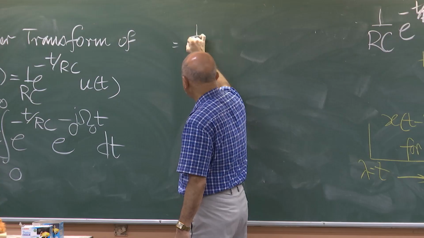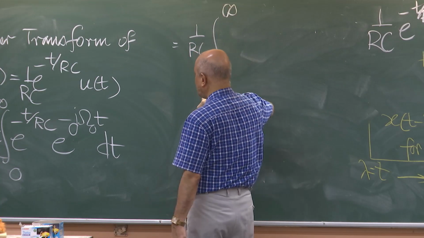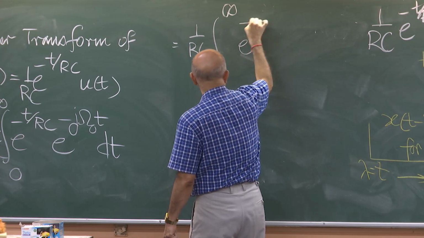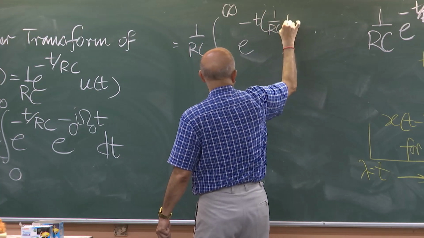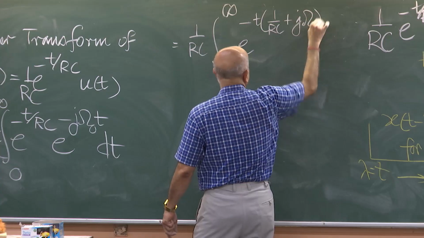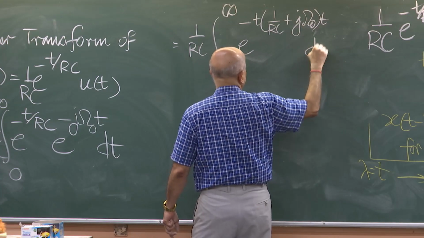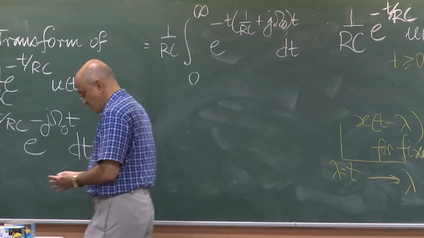It's 1/RC times the integral from 0 to infinity of e raised to the power minus t times (1/RC plus jω₀) dt. Is that right? Well, t dt, that's right. So, how much is this?